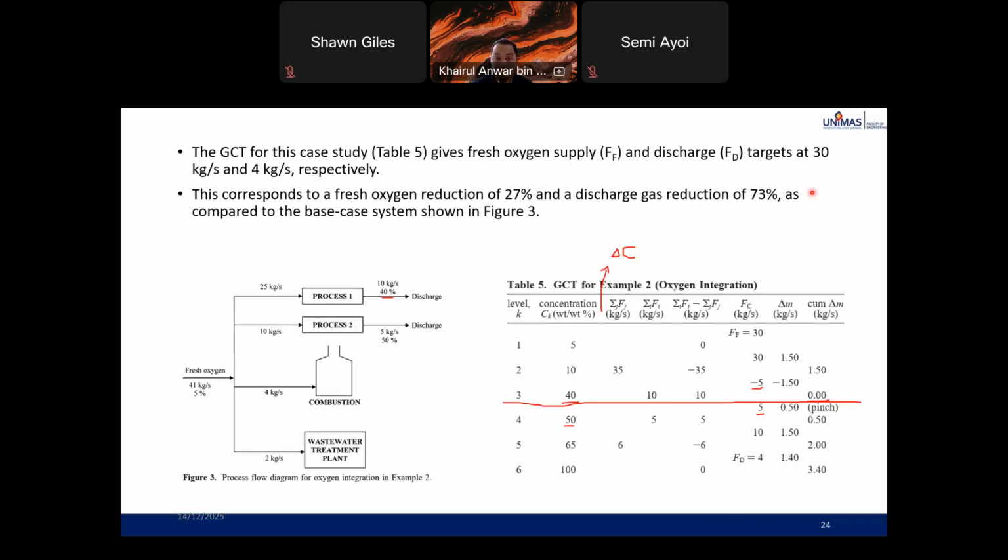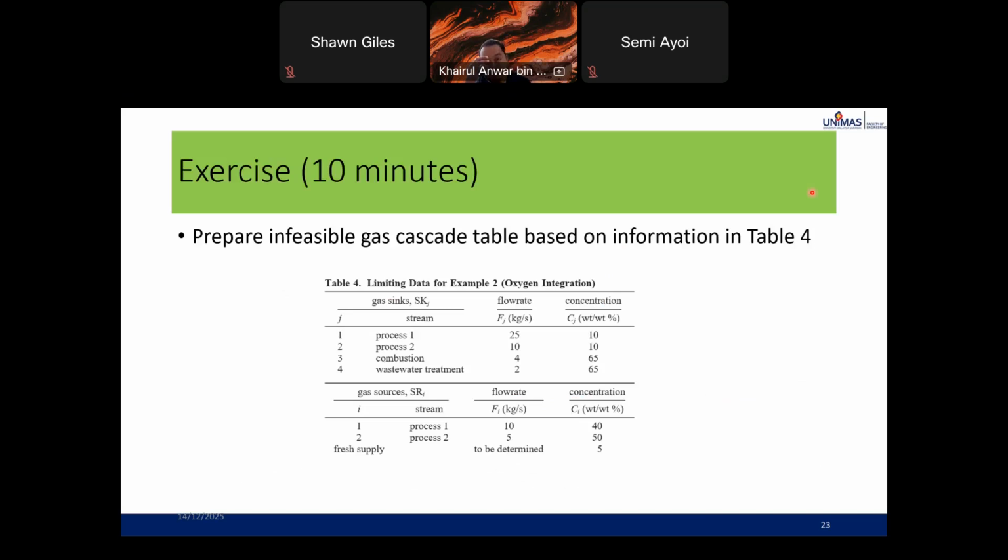Exercise. So for the exercise, we pick the source that's on figure 3.